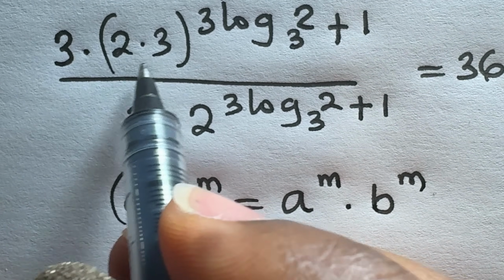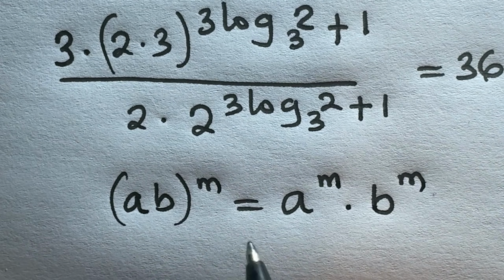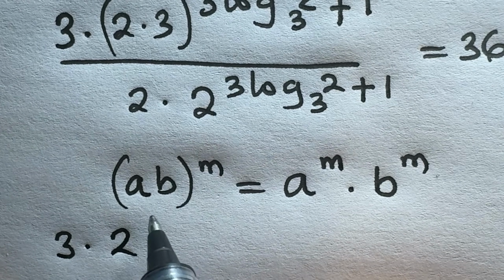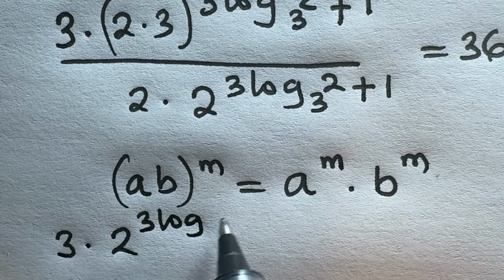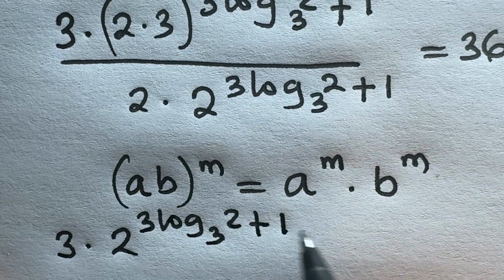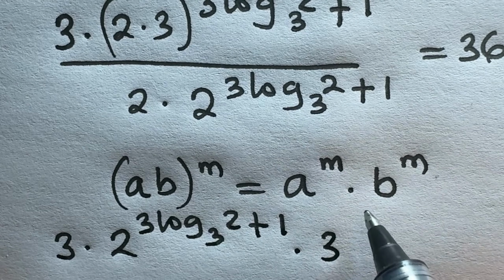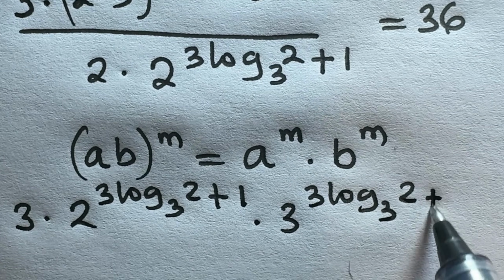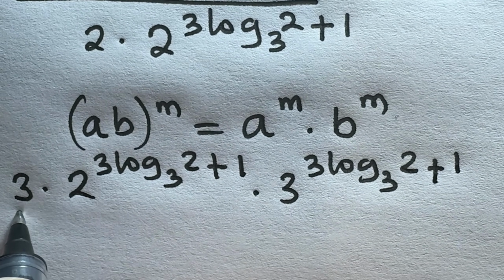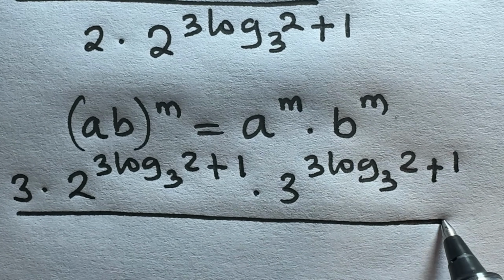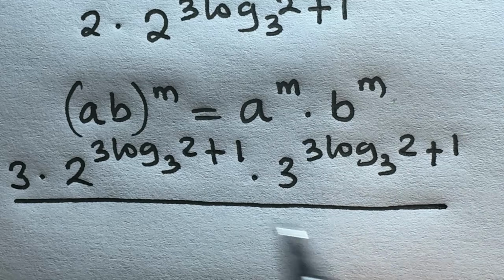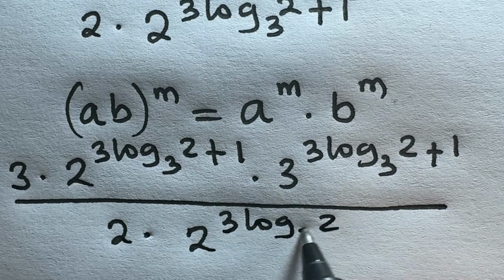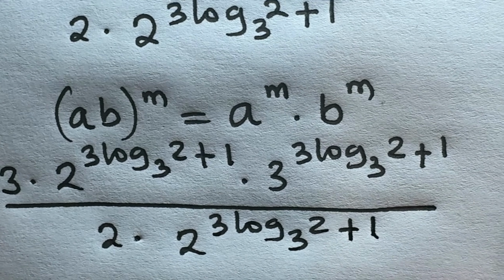Therefore, we can split this by distributing the powers, giving us 3 times 2 raised to power 3 log 2 base 3 plus 1, then times 3 raised to power 3 log 2 base 3 plus 1, all of which is divided by 2 times 2 raised to power 3 log 2 base 3 plus 1 to give us 36.